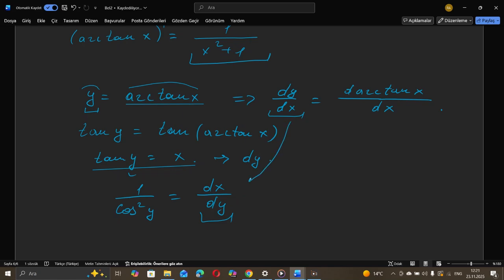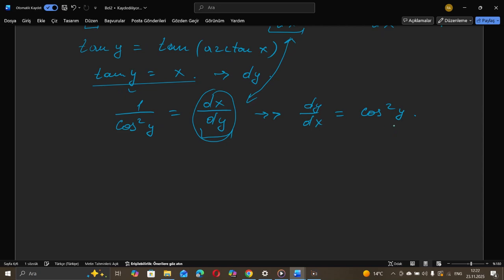Actually, this is the inverse, right? If we take the inverse of this derivative, then we find our derivative of arctangent x, right? So let's do it. Let's take the inverse of it. So what we have here, dy divided by dx, is equal to cosine squared y.